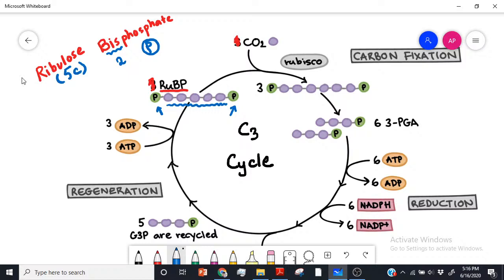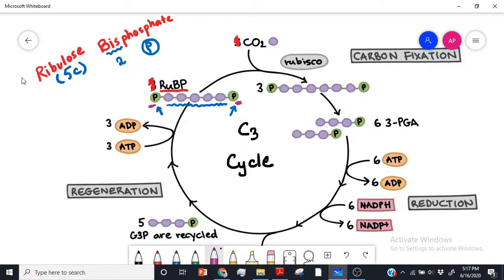Bis means 2 and phosphate means the inorganic phosphate group, right? That means there are 2 phosphate groups attached to ribulose, and as you can see in the diagram, they are attached at the 2 ends of the ribulose.